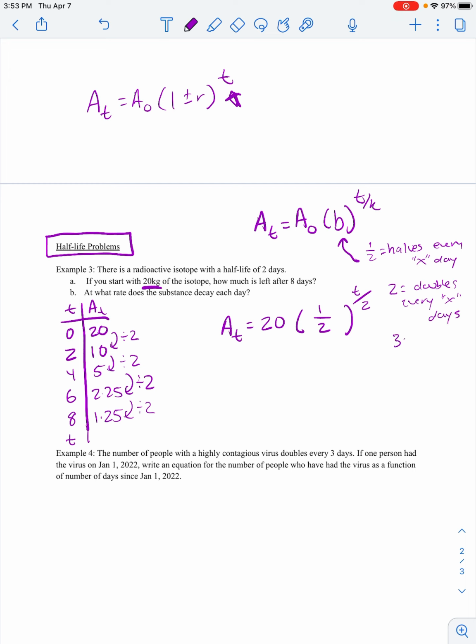It would be 3 if it triples every X days. A0 is still your initial amount. T is the time that passes. So how many days have passed? And then K is length of your half-life, or length of your doubling time.